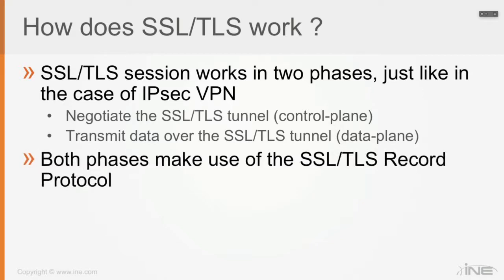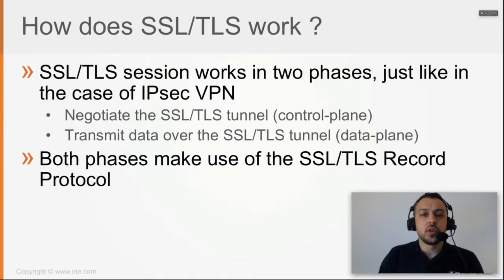Now both of those phases make use of what is called the SSL/TLS record protocol. That's because if you think about it, each of those protocols, LDAP or FTP or HTTP, were not designed to secure the traffic. Likewise, at layer 3, we don't have a dedicated protocol built into the IP scheme to secure traffic.